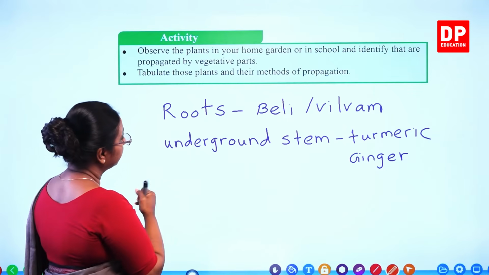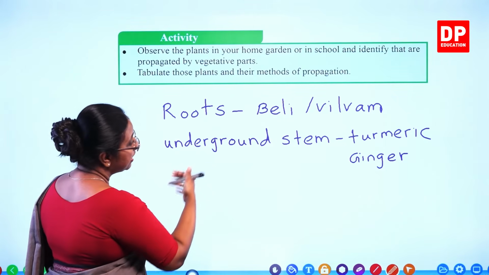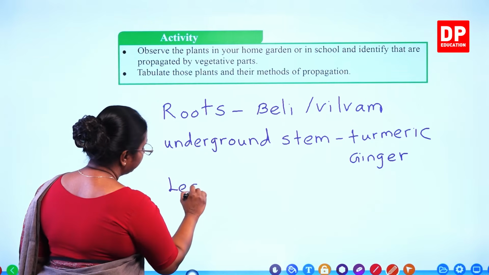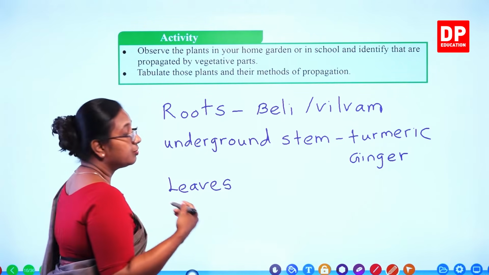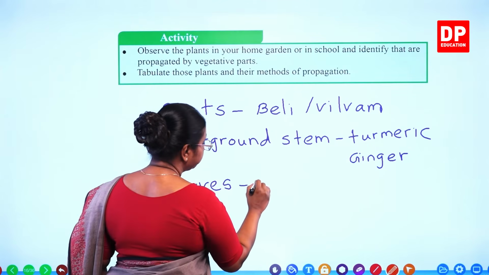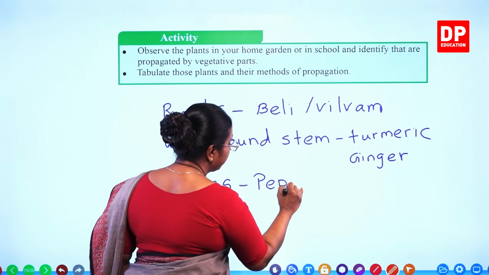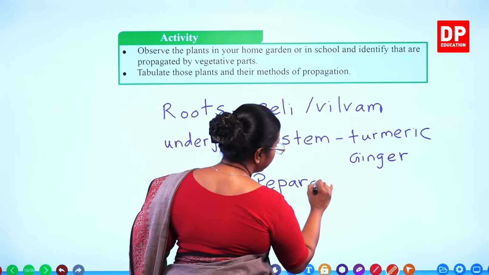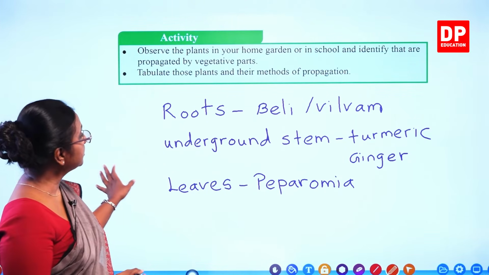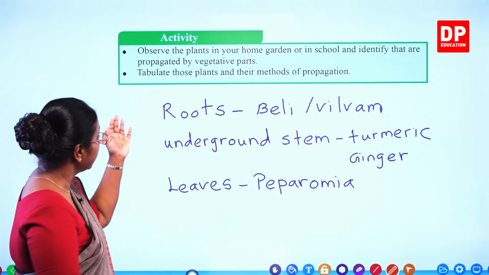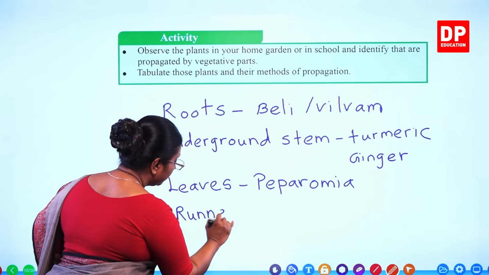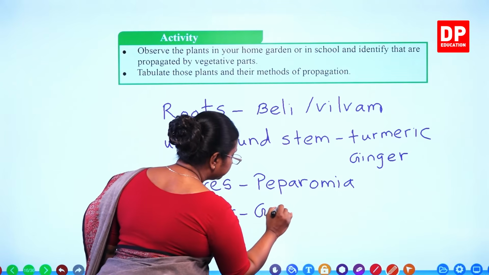So that is underground stem. Then if we take let's say the leaves, reproduction by leaves. Begonia is a common plant. Then even peperomia. You all would have seen the peperomia plant. They also reproduce by leaves. So these are a few examples, students. If we take the overground stem runners, gotukola.